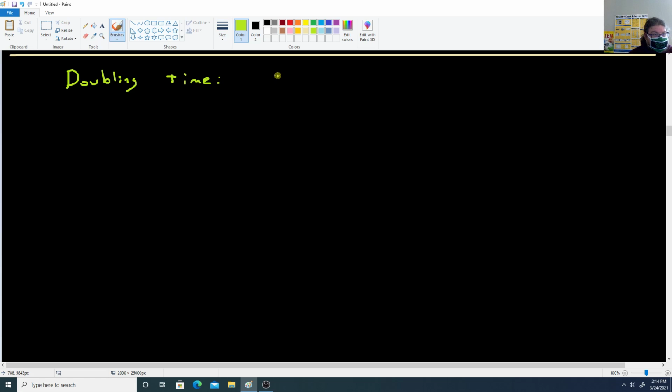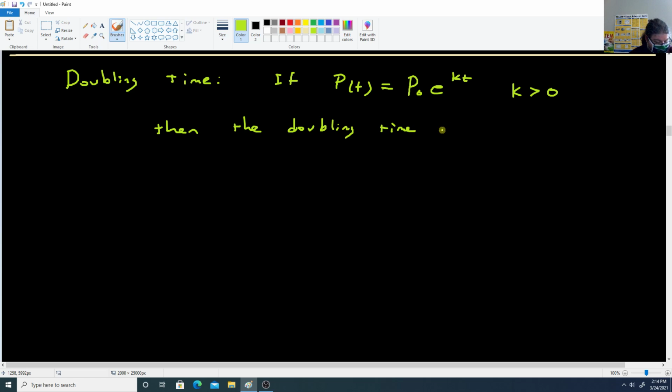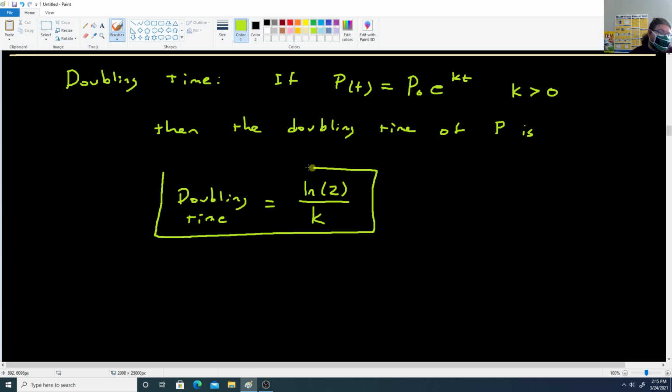What this basically says is if you have one of these population growth equations, P of t equals P naught e to the kt, and we need to make sure that the k value is positive, so it really is a growth equation, then the doubling time of P is going to equal natural log of 2 over the growth rate, basically.